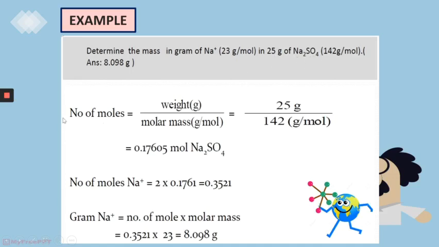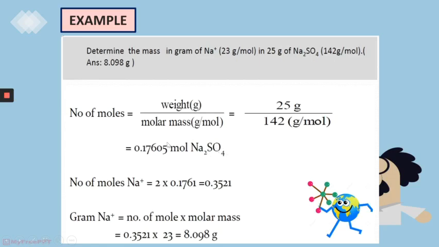So calculate the number of mole of the Na2SO4 according to the formula mass over molar mass. The given mass for the Na2SO4 is 25 gram, molar mass Na2SO4 142 gram per mole. So you cancel out the gram and gram, you will get the answer in mole. 0.17605 mole Na2SO4.